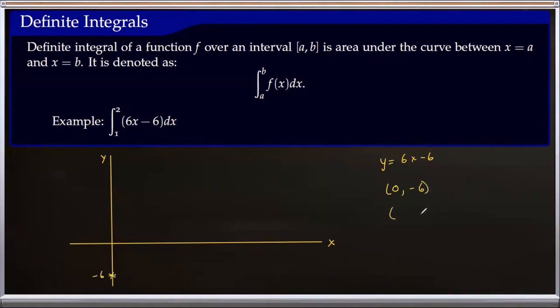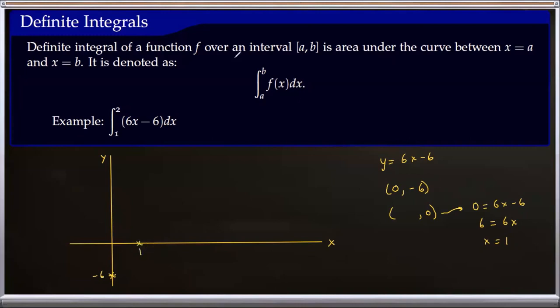And to get the x-intercept, we set y equals 0. So we solve 0 equals 6x minus 6. If we add 6 to both sides, 6 equals 6x. Then you get x equals 1 if you divide both sides by 6. So the function will go through this point, which is 1.